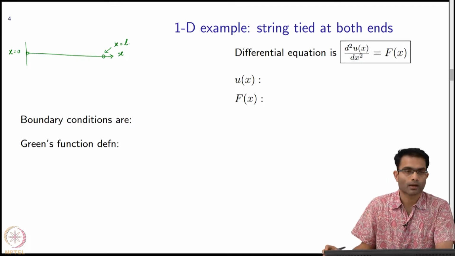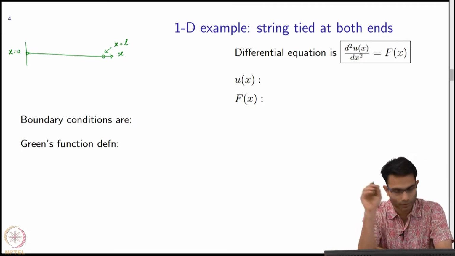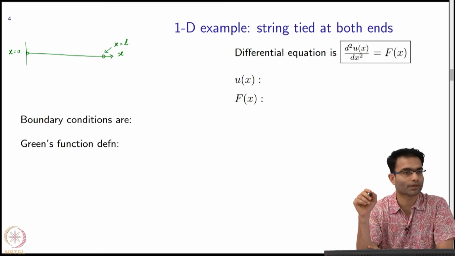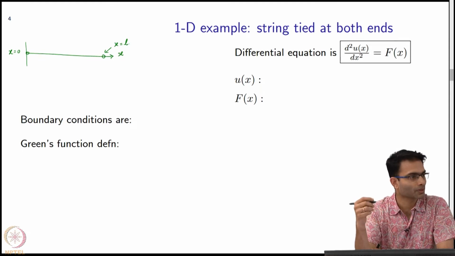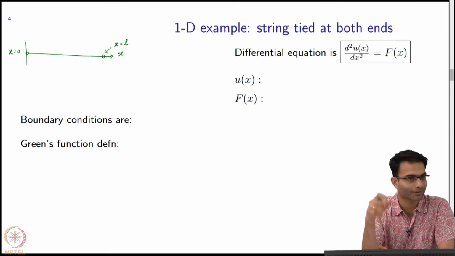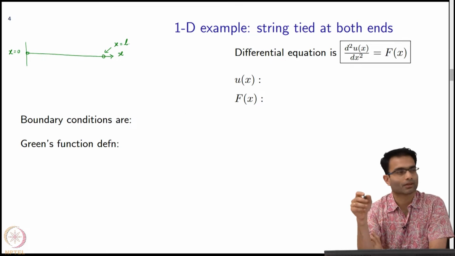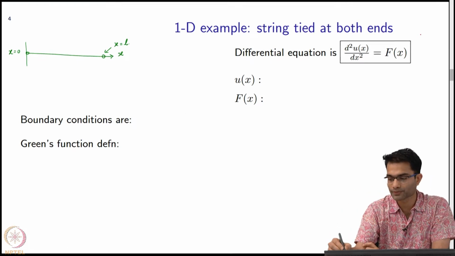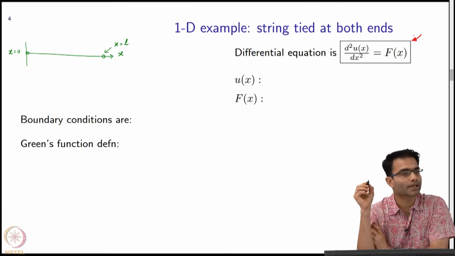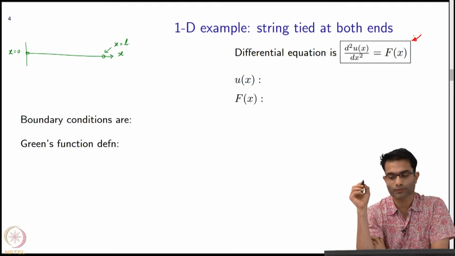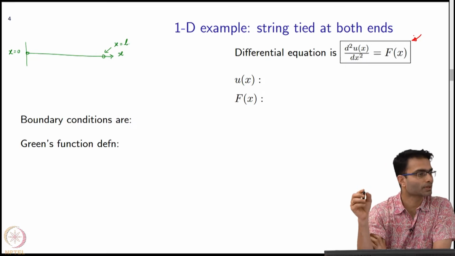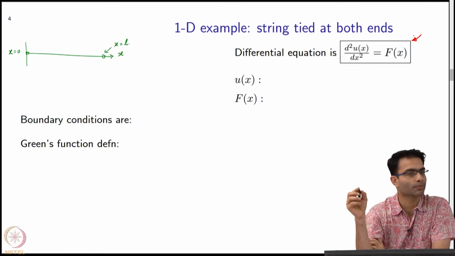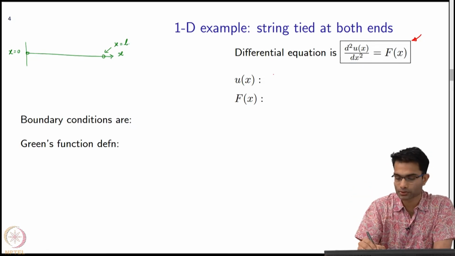Back from class 12, you used to solve these kinds of equations, the tension on the string and calculate the displacement, all of those things. Lots of constants are there, we will absorb all of those into this differential equation, which tells me the second derivative of u. So, what is u? It is the displacement of the string at any position x.